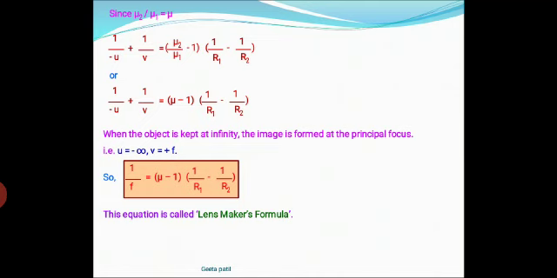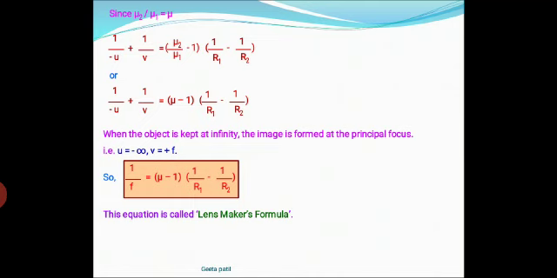While deriving this lens maker formula, we have to make the assumption that the lens is thin, so that the distances measured from the poles of its surfaces can be taken as equal to the distances from the optical center of the lens. The aperture of the lens is small. The object consists only of a point lying on the principal axis of the lens.